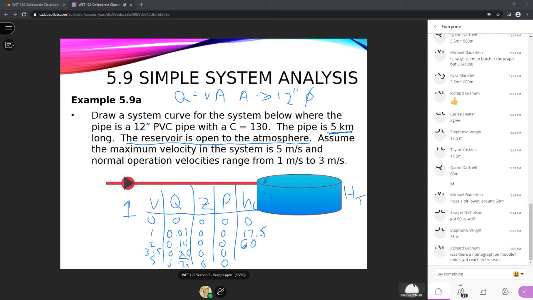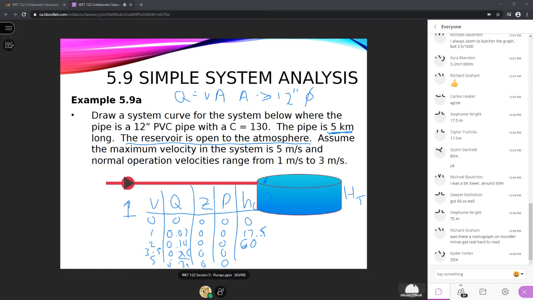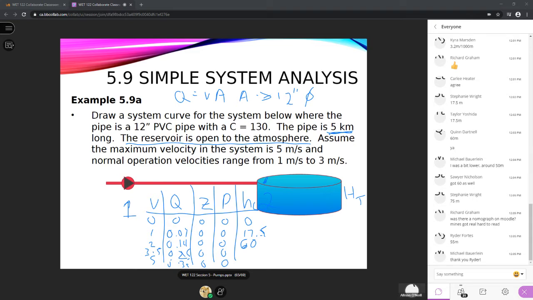Are you guys all looking at the same graph? Yes, there's a nomograph on Moodle. So Stephanie, I'm looking at your number and it seems to be quite a bit out from where everyone else is being.